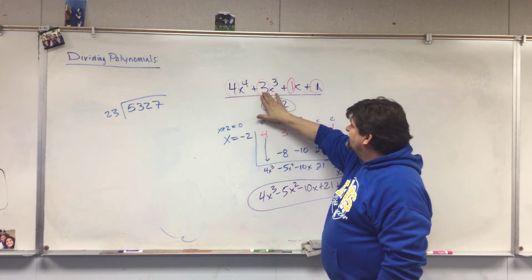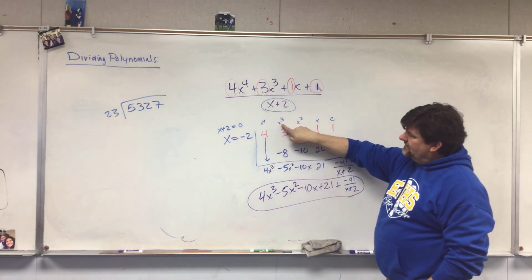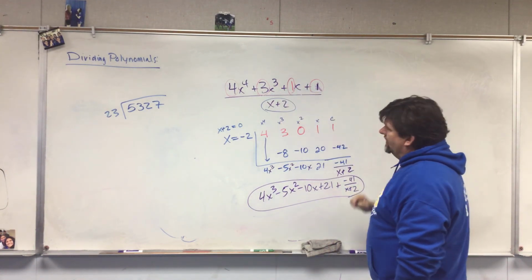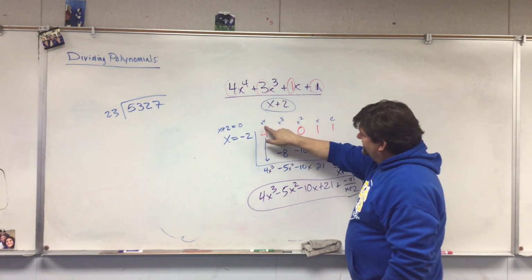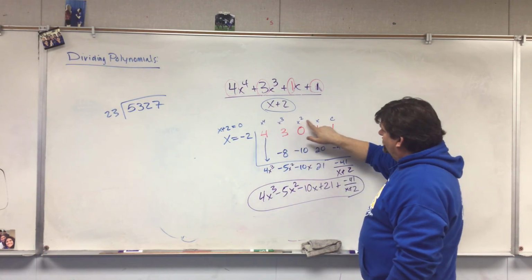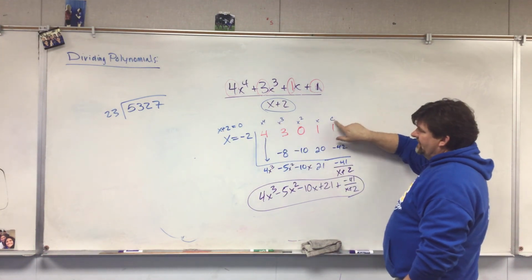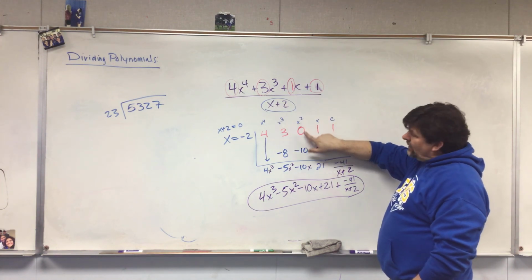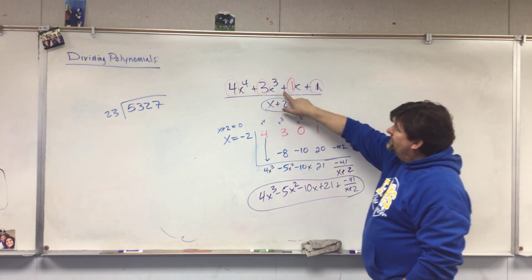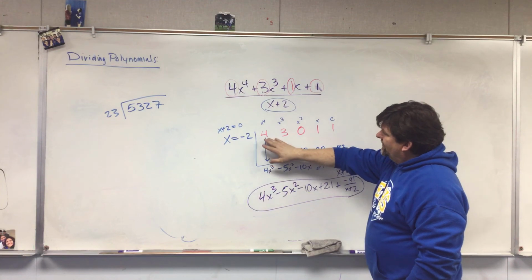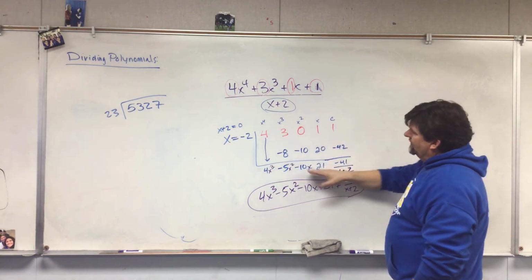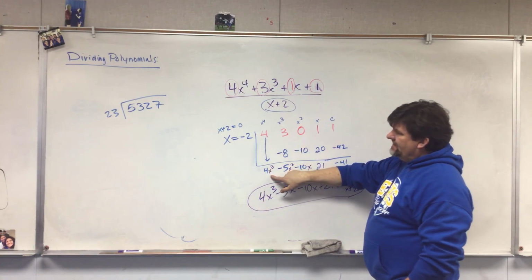Take the coefficients of each one in decreasing order of power: x to the fourth, x to the third, x squared, x, and the constant. Remember, if you're missing a power, you just write 0 in there. Then we put them up there, 4, 3, 0, 1, 0. Pattern. Bring the 4 down immediately.